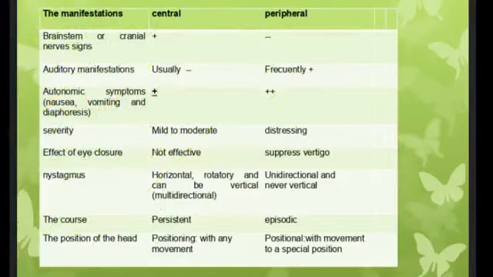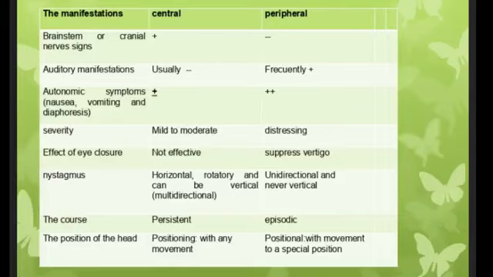So in this table, for the manifestations, brainstem or cranial nerve signs are usually present in central vertigo, while they are absent in peripheral. Auditory manifestations are usually absent in central causes of vertigo, while they frequently occur in peripheral vertigo.